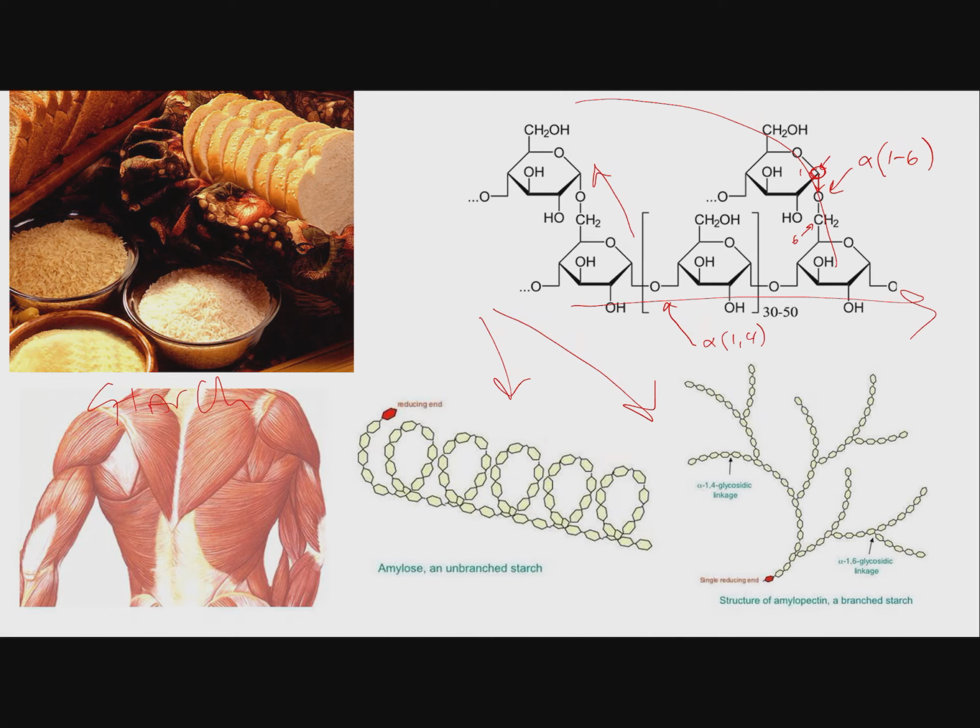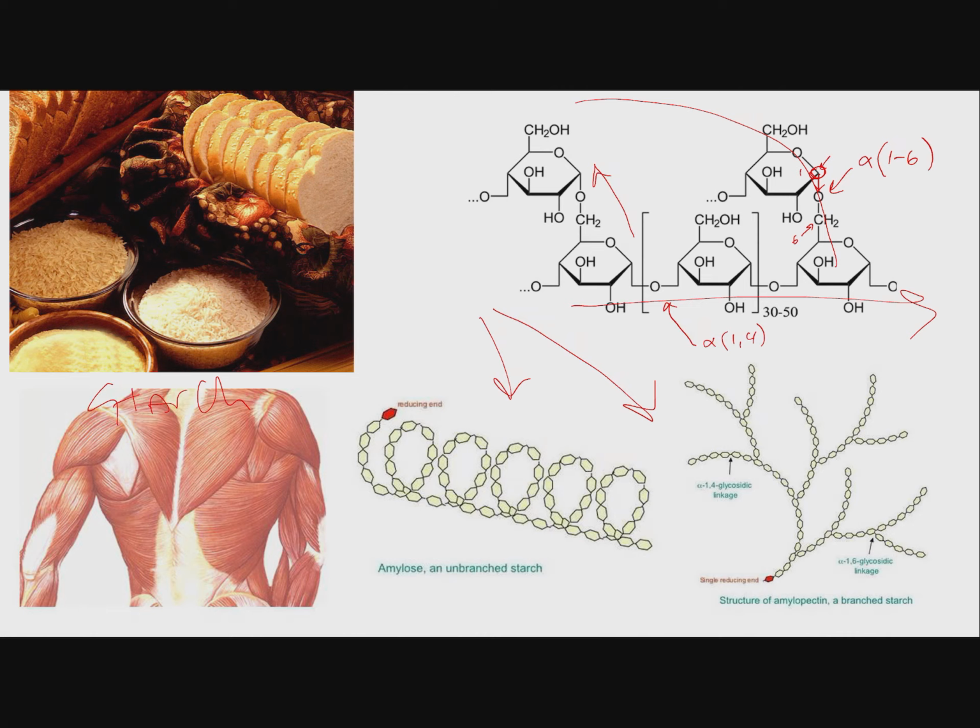Amylose is produced in plants for energy storage, and plants don't have rapidly changing demands for glucose. No muscular contractions, as an example. Its compact structure and slow breakdown are consistent with plant needs.